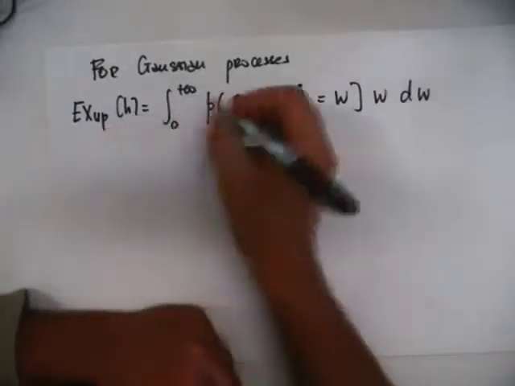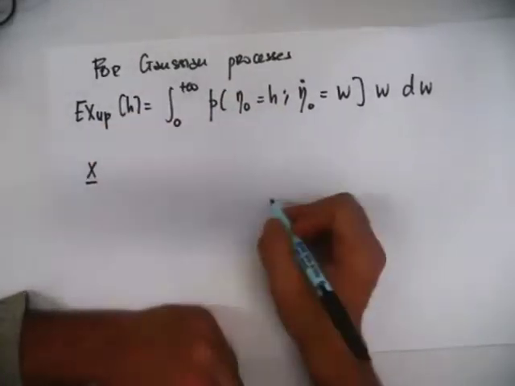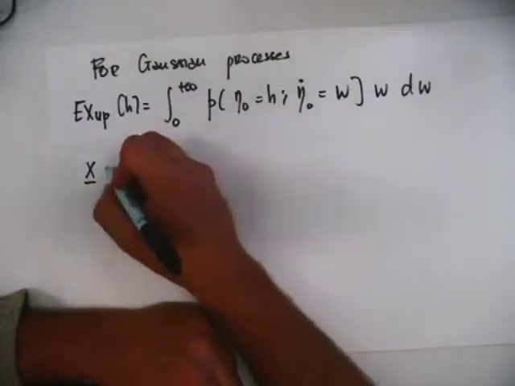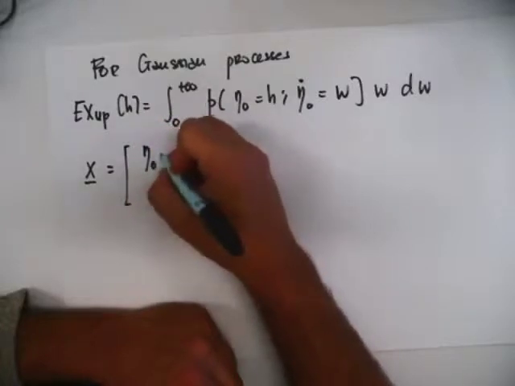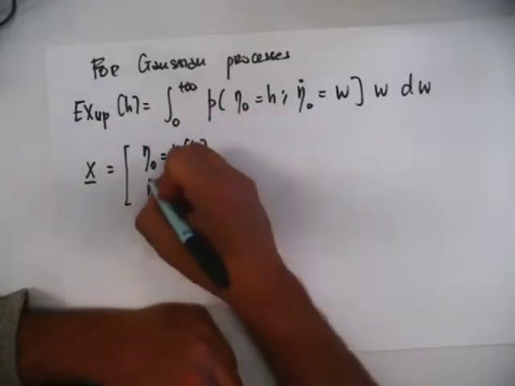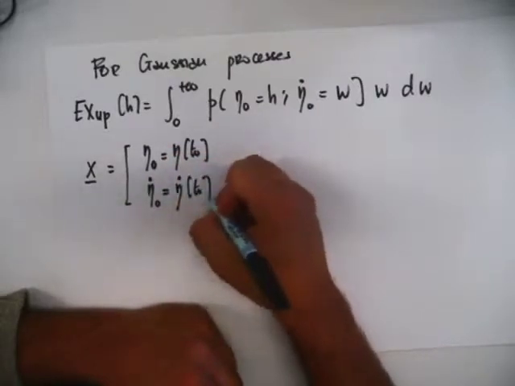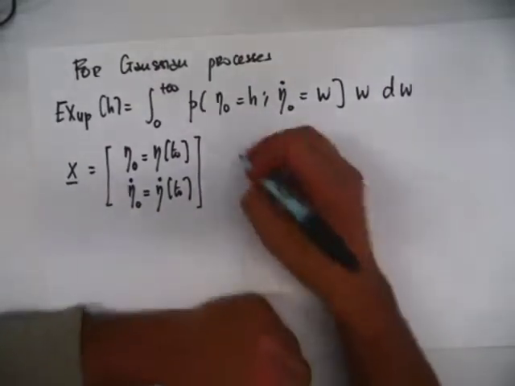So let's define. In general, if we have a list of random variables x, which in our case is eta at t naught and its derivative, eta dot at t naught, this is our list of random variables.